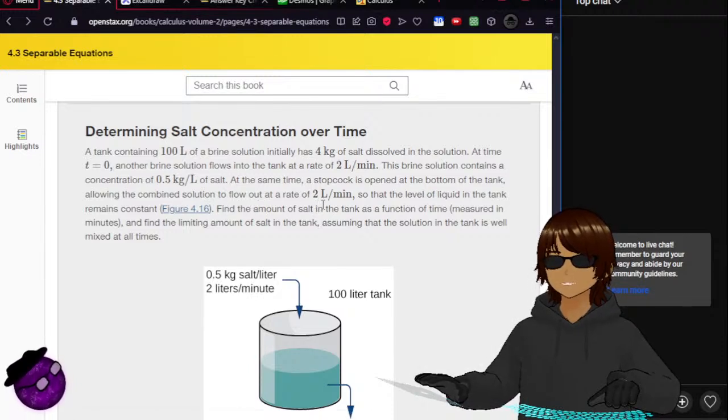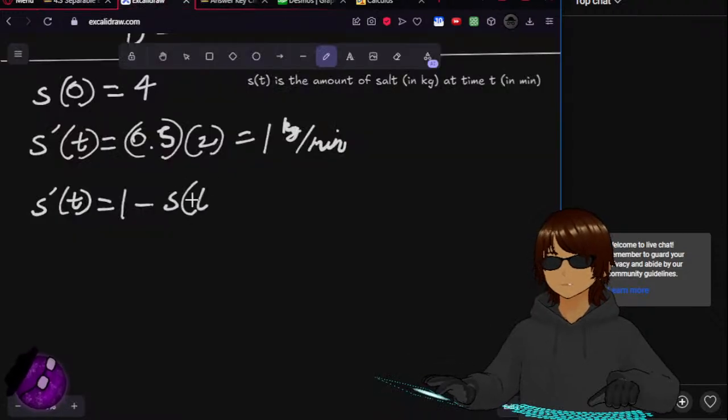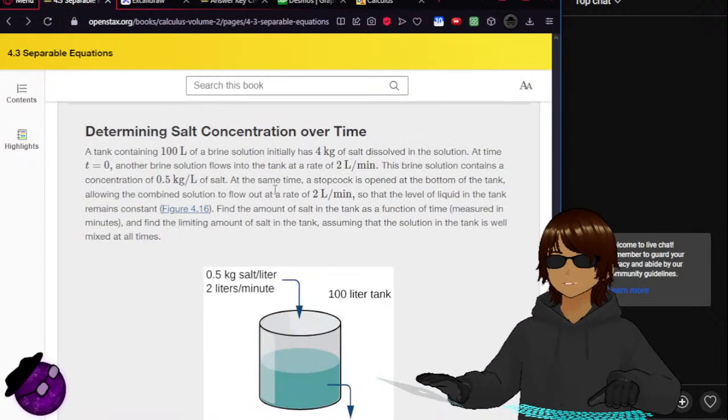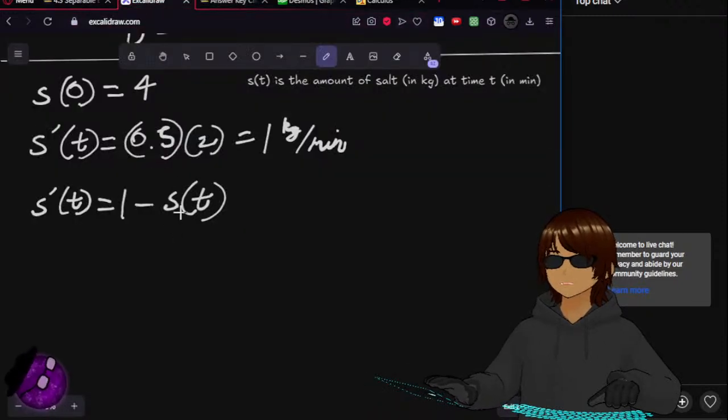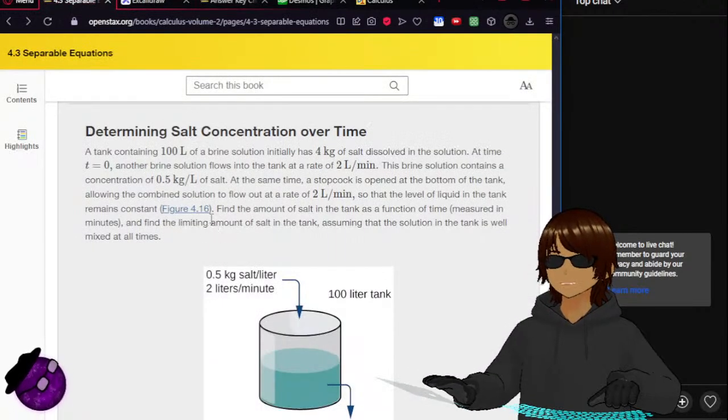Flowing at the rate of 2 liters per minute. I think it's 1 kg per minute pouring in, minus the currently remaining amount of salt, and divide it by... I have no clue.